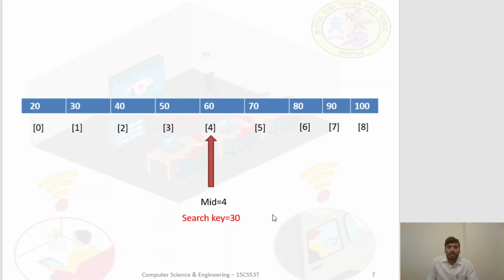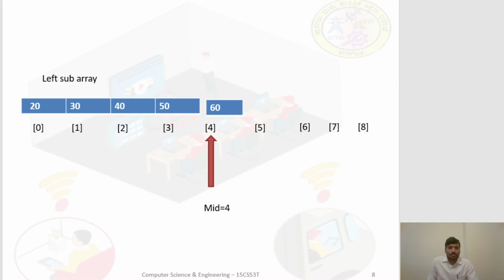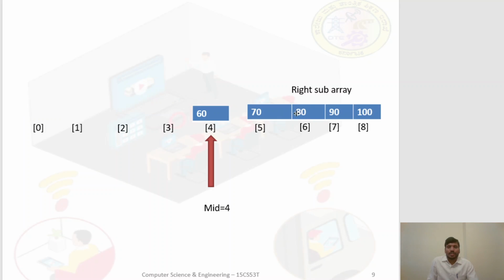Here we compare the search key, which is 30, to 60. After comparison, the search key is less than the mid value. Hence, searching should take place in the left subarray by skipping the right subarray. Now we do not search in the right subarray, and the problem size is reduced to almost half.